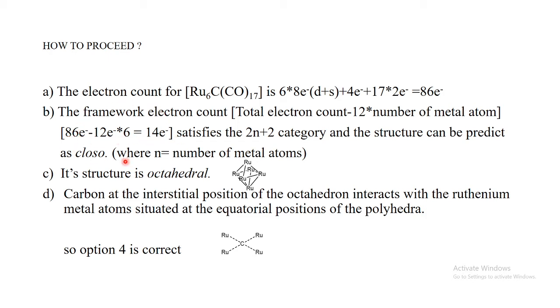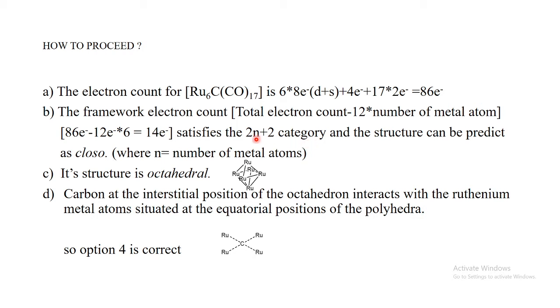So the framework electron count satisfies the 2n plus 2 category. The number of metal atoms is 6, so n implies the number of metal atoms. So 6 into 2 will be 12, plus 2 will be 14, which satisfies the framework electron count.